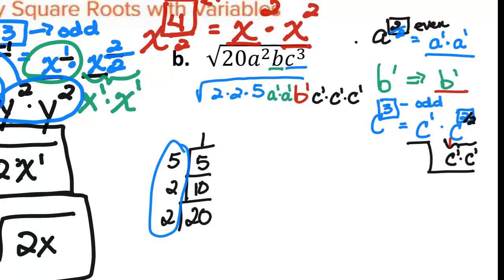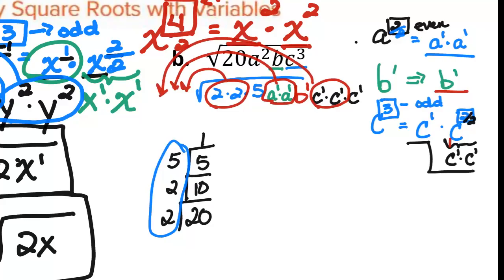Circle your pairs. I have a pair of 2's, I have a pair of a's, and I have a pair of c's. 1 comes from each group out to the front, and you've got 2 times a to the first times c to the first. Anything that didn't have a pair stays multiplied under the radical sign.